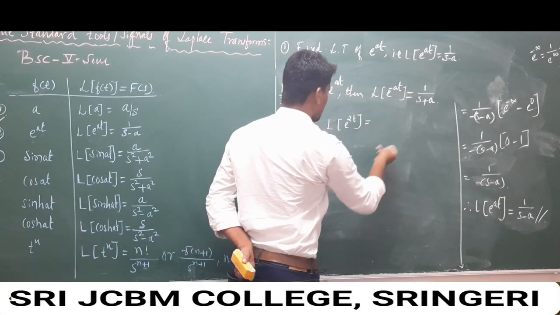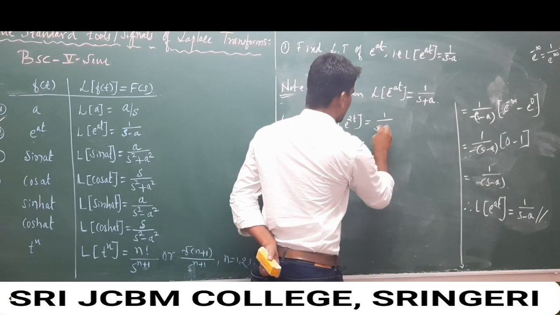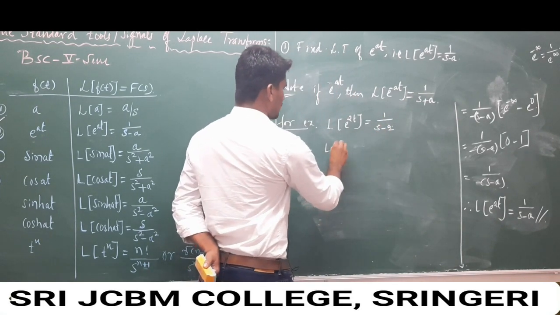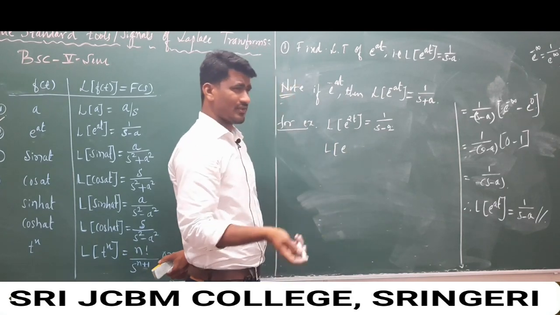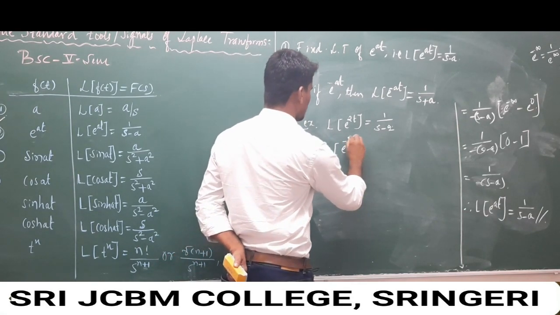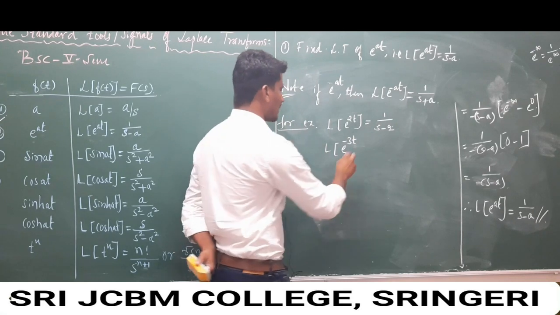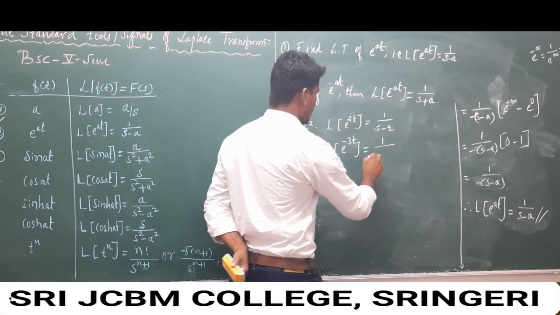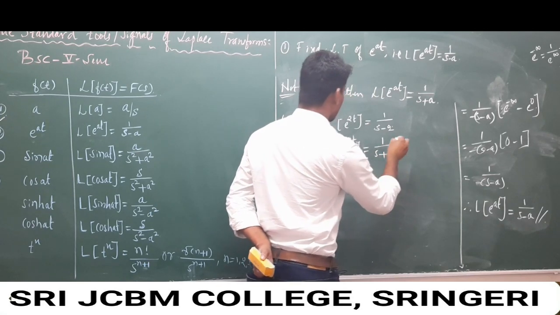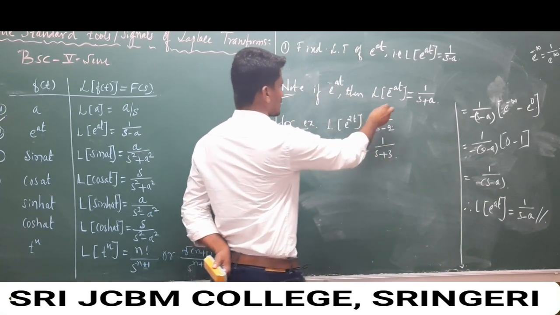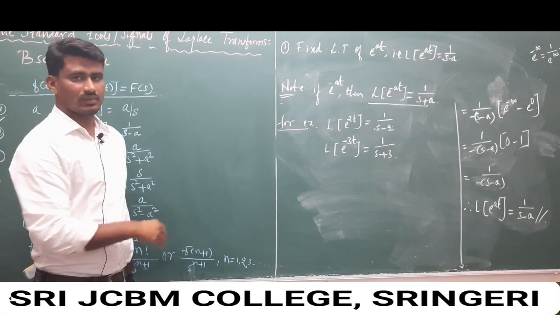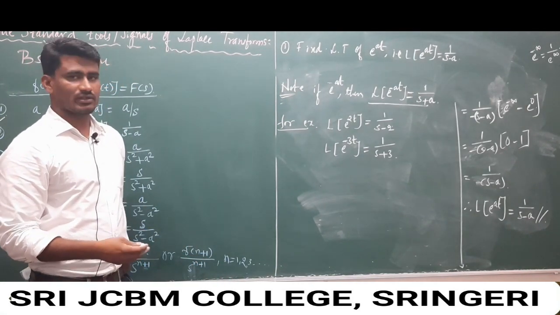So this is nothing but 1 over s minus 2. Suppose the exponential function is negative, e to the power minus 3t, and we get 1 over s plus 3, because here there is a minus, so we have to apply this condition. We will solve some more examples in the next video.